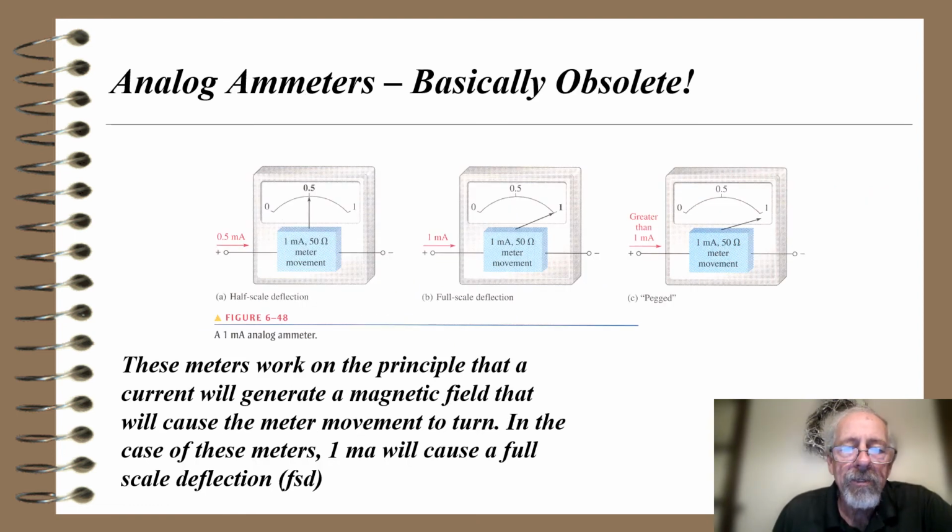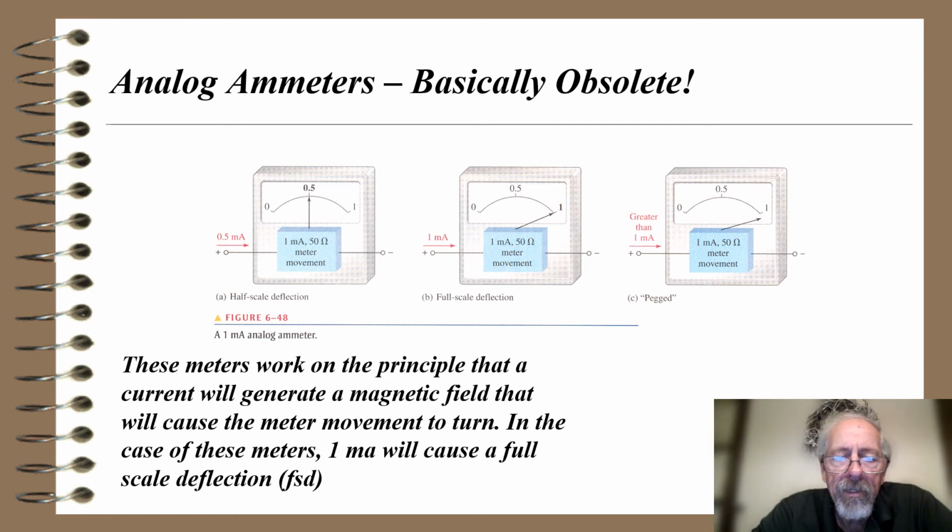Okay, so we switch gears a little bit here to talk about analog meters, which are basically obsolete. I asked you to look at the material on them, but it turns out most of the meters we use today are digital. This shows 3 analog meters, so notice they have a needle and a scale, and this shows 0.5 milliamps going through the analog meter, which is a 1 milliamp 50 ohm meter movement, and it goes up to halfway.